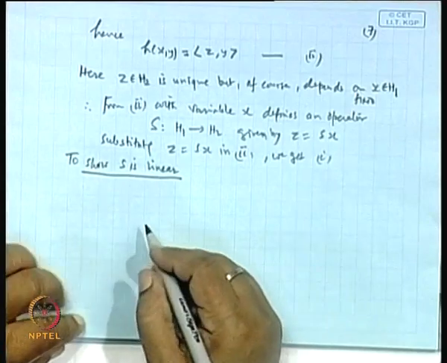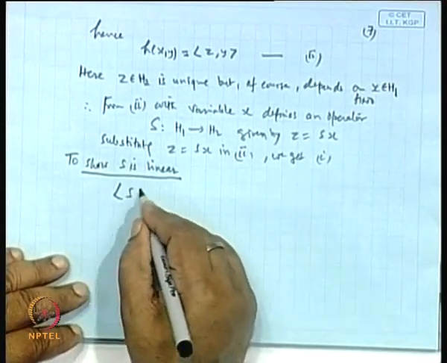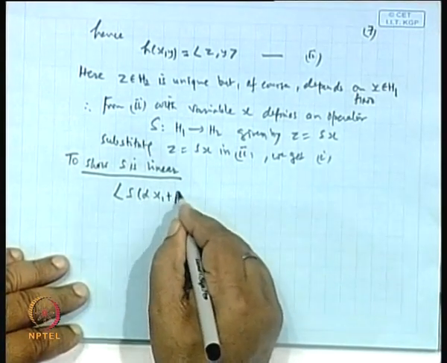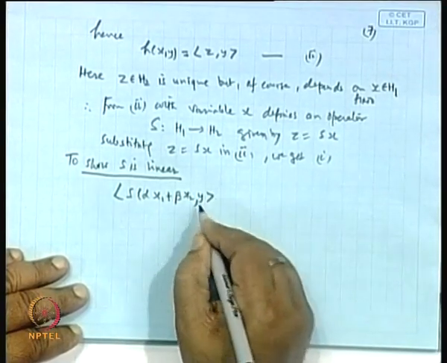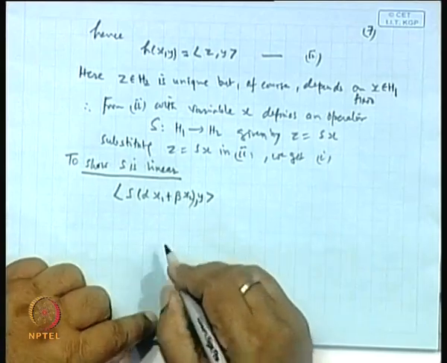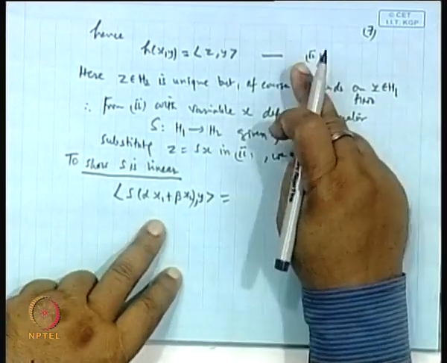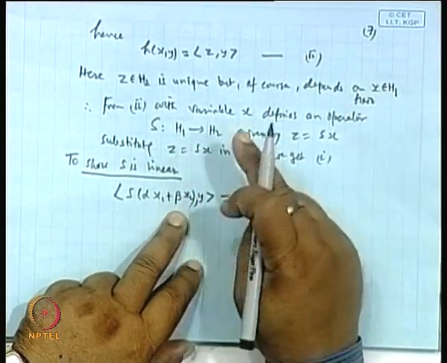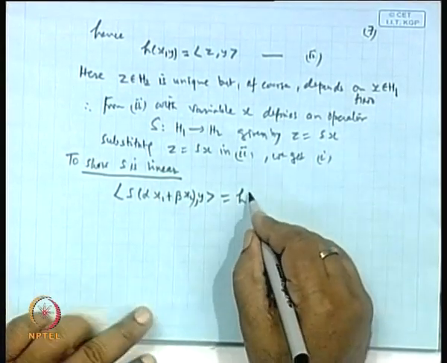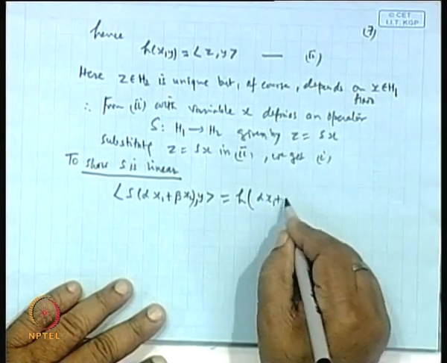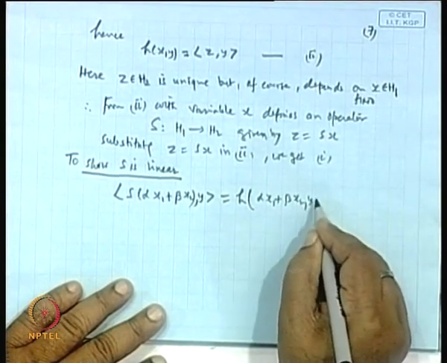Okay. Now, we start with S(αx1 + βx2), y. This is ⟨S(αx1), y⟩. Now, by definition of this h(x, y), we can write h(αx1 + βx2, y).